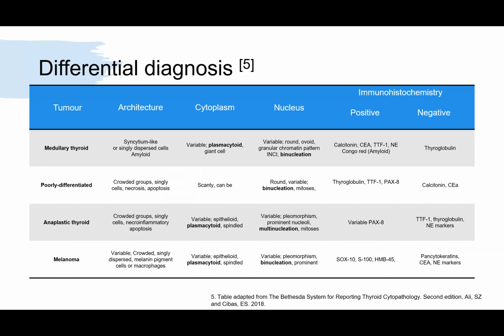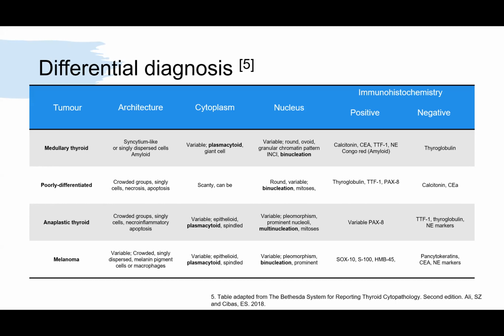So again, this is a differential diagnosis of the kind of poorly differentiated tumors you may see in the thyroid gland. And with medullary thyroid carcinoma, you can see binucleation and plasmacytoid morphology, which you saw here on the cytology.